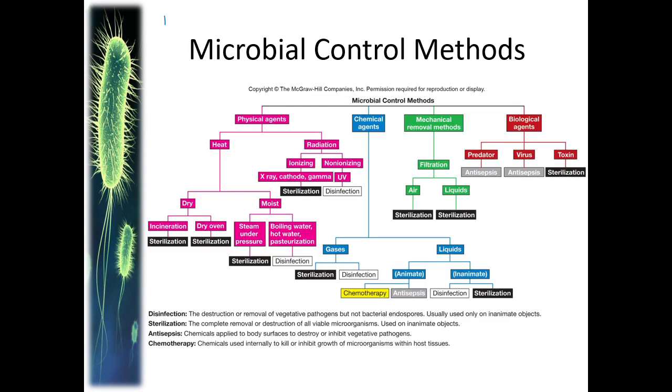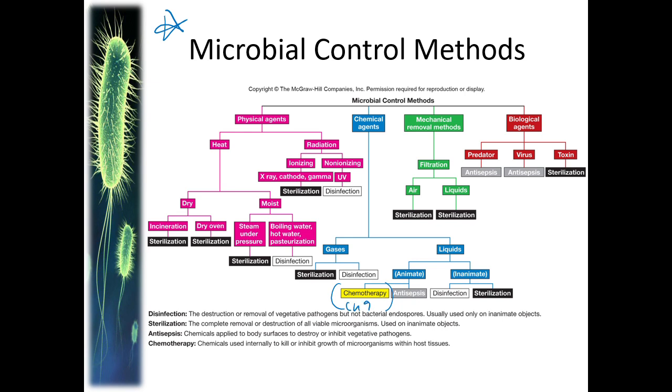Let's take a look. All right, put a big star here. This is a big chart that talks about all the different types of microbial control methods. What is down here in yellow? Chemotherapy, so that is going to be chapter 9, just as a reminder.